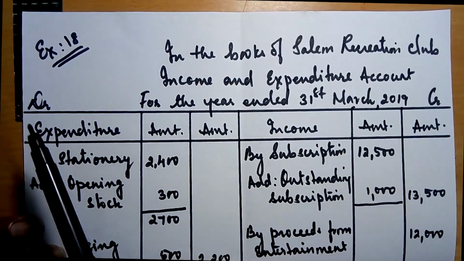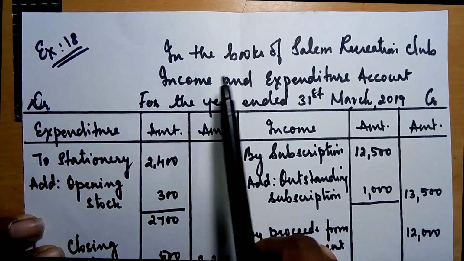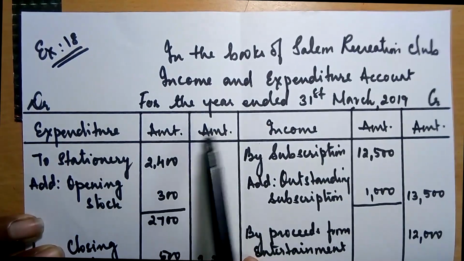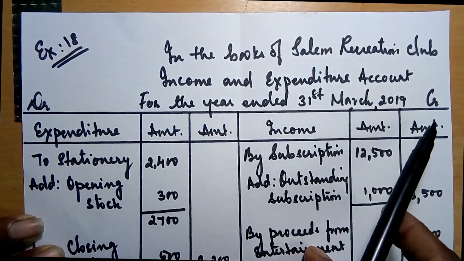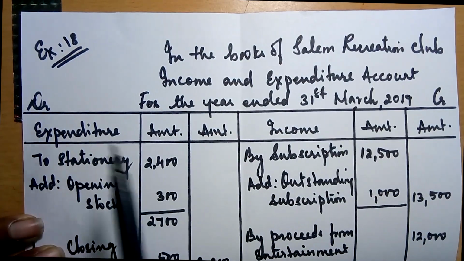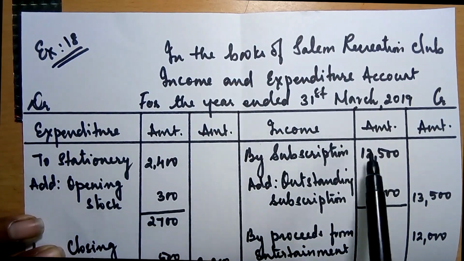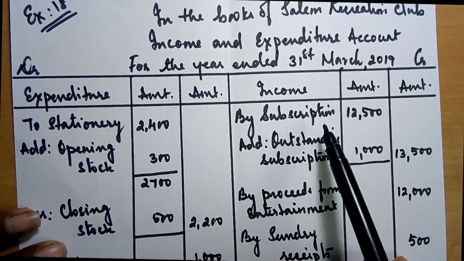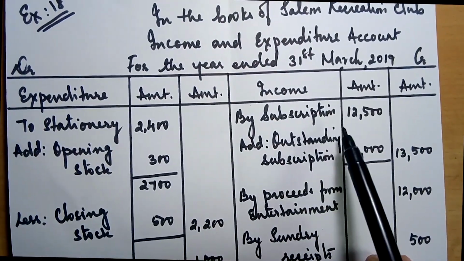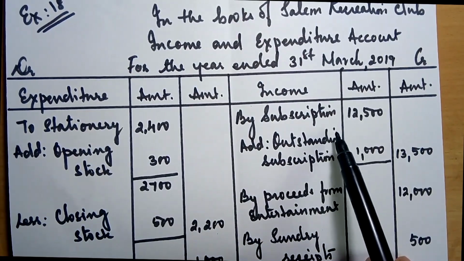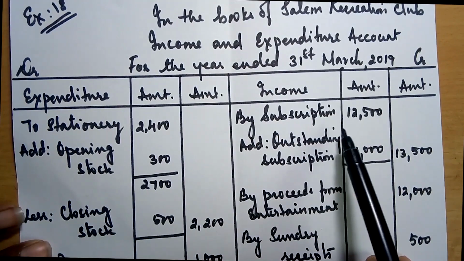So this is example 18 solution. In the books of Salem Recreation Club, income and expenditure account for the year ended 31st March 2019. You have a debit side and the credit side. Expenditure, amount, income, amount. By subscription, the current year's subscription you have to take. So that is 12,500. The current year is 2018 to 2019.